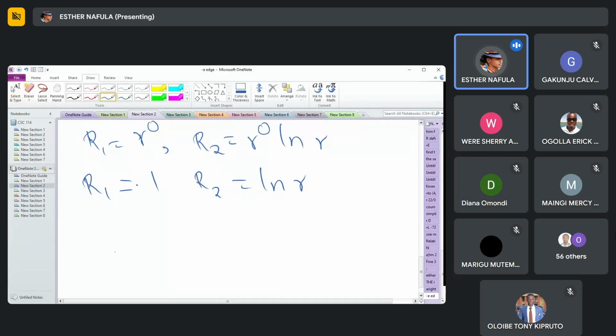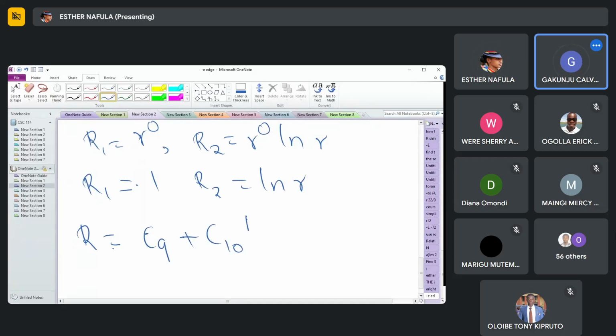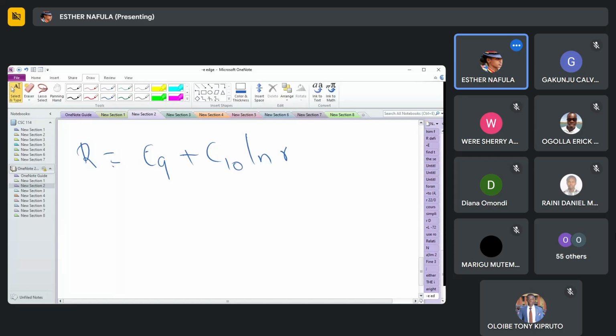It's a combination of these two. So capital R will be given by, we're picking up from C8, C9 plus C10 ln R. We solve theta double prime equals 0. This one should be easy. If theta double prime is equal to 0, what is theta?